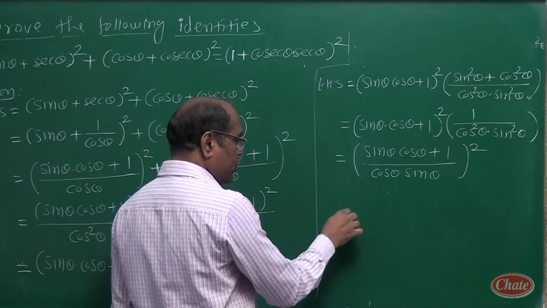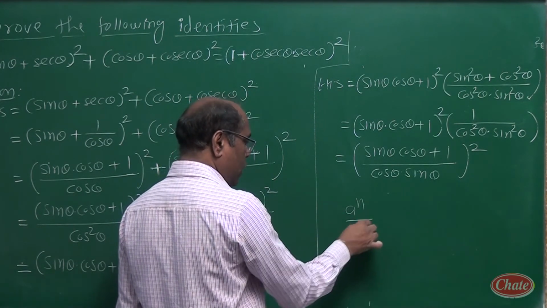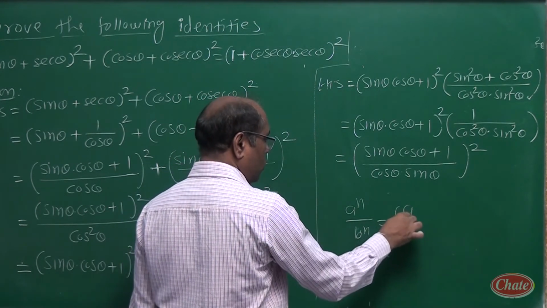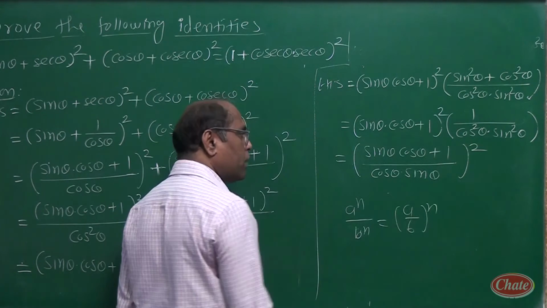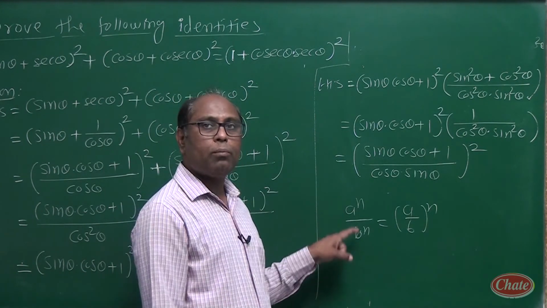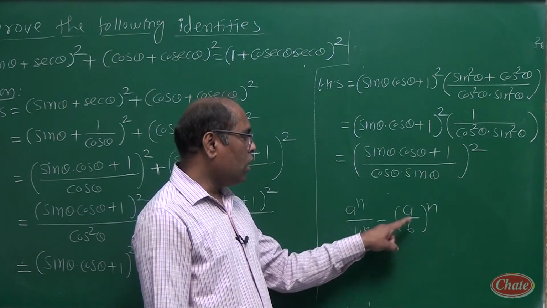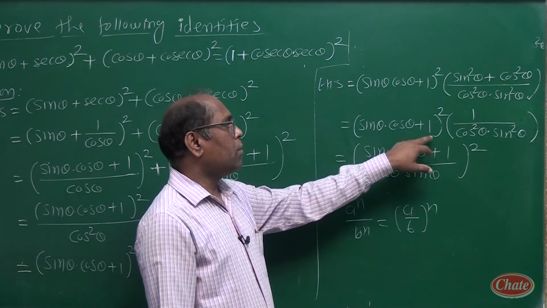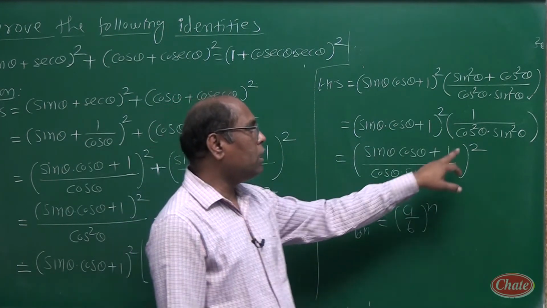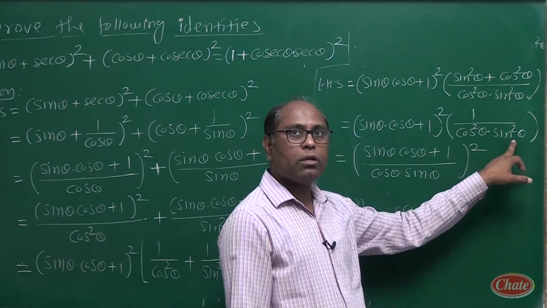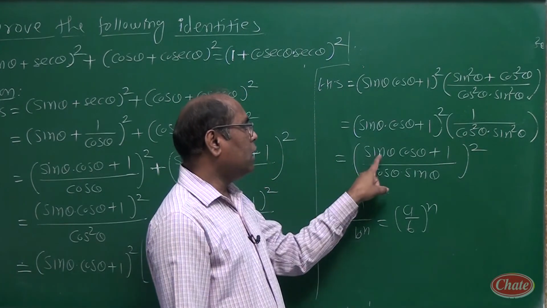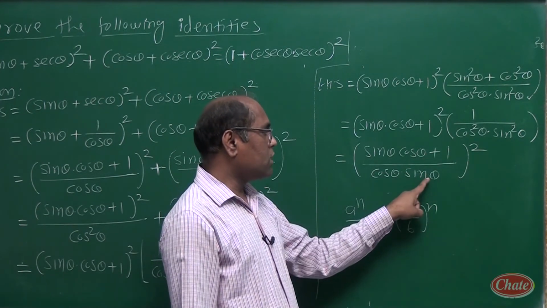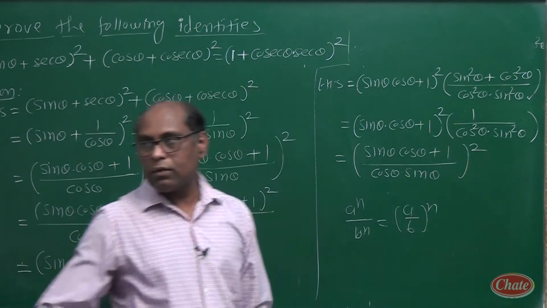Okay, here we are using the rule a raised to n upon b raised to n is equal to (a upon b) bracket raised to n. Sin theta cos theta plus 1 bracket square, in the denominator cos square theta sin square theta. So it can be written as (sin theta cos theta plus 1) divided by (cos theta sin theta), bracket square.